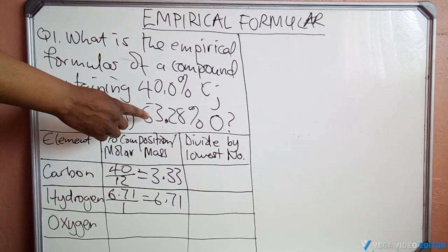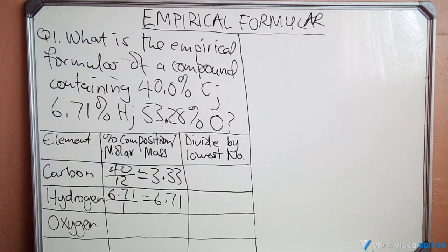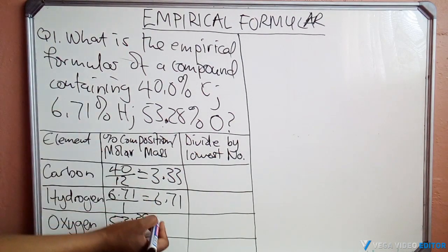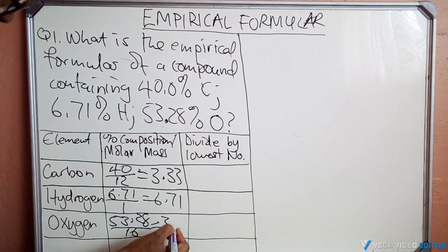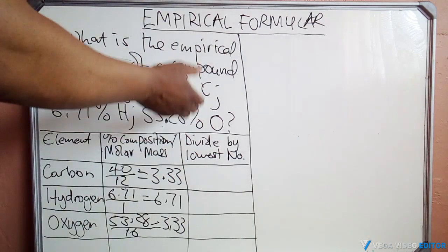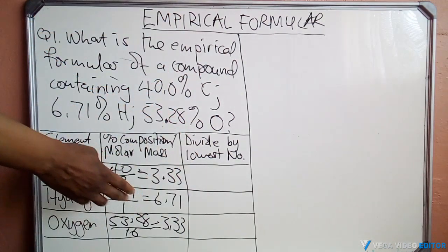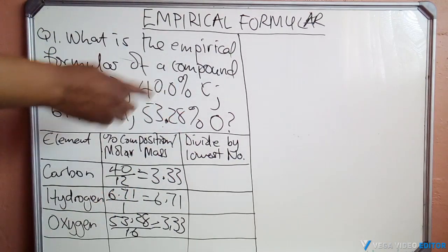The percentage composition of oxygen in our compound is 53.28 divided by the molar mass of oxygen, which is 16. 53.28 divided by 16 will give you 3.33.